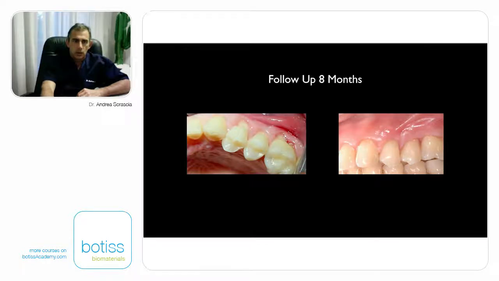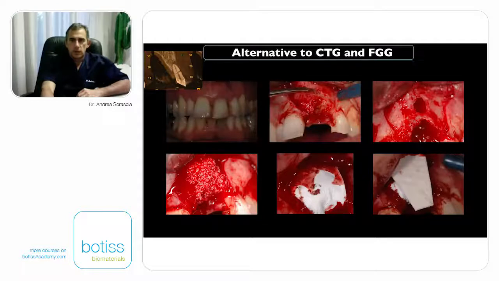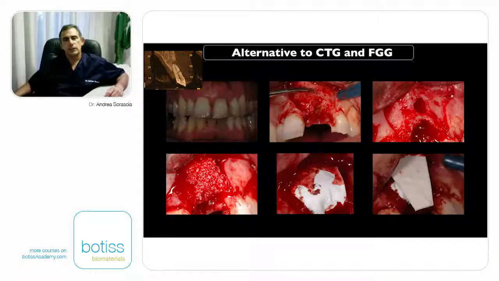So this is another clinical case, a very strange case, because it's a 30 years old male patient with a fracture halfway of the root of 2.1. We have to consider that he kept the fractured root for 8 years with plaque to the next tooth.